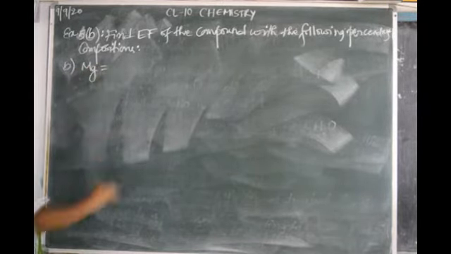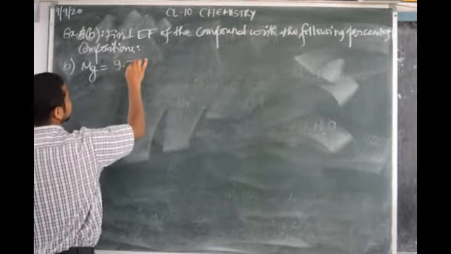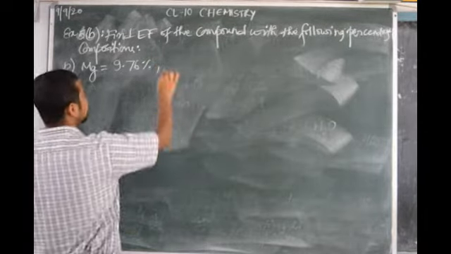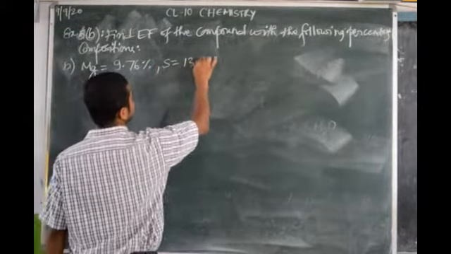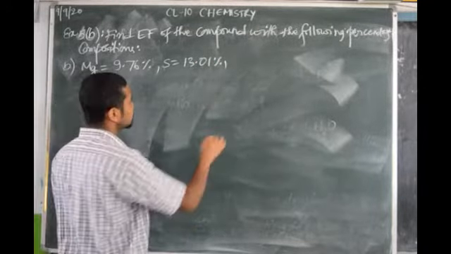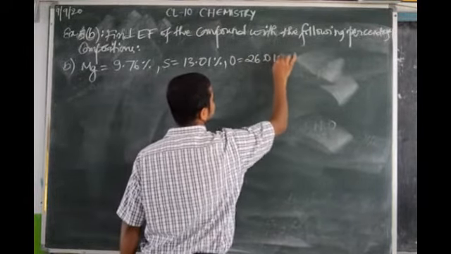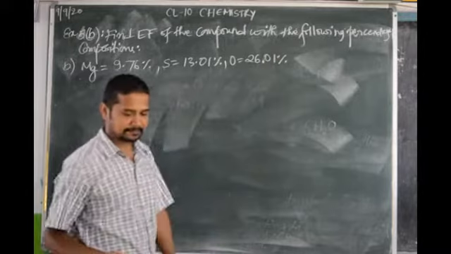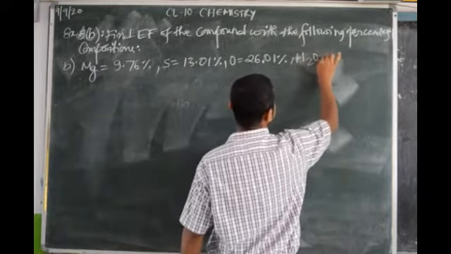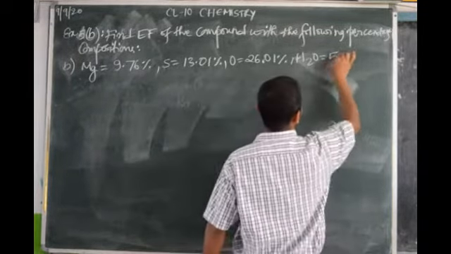Mg is equal to 9.76% magnesium, then sulfur 13.01%, then oxygen 26.01%, then water H2O is equal to 51.22%.